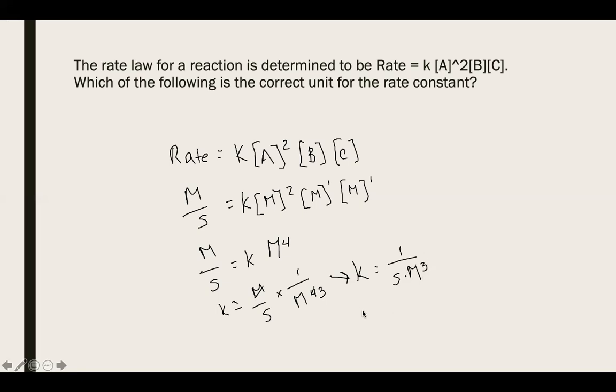But because it's all in exponents and not in a fraction, since something in the denominator gives a negative exponent, the unit on K is seconds raised to the negative 1st and molarity raised to the negative 3rd. Do you have any questions about that one?